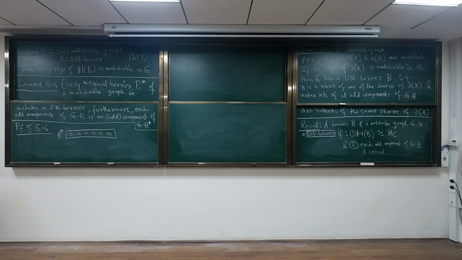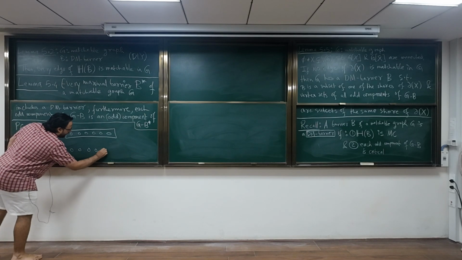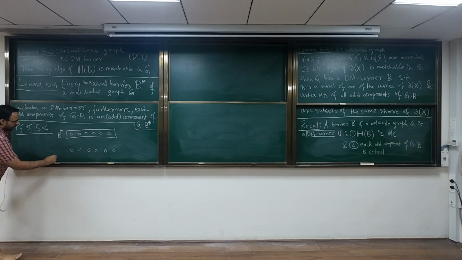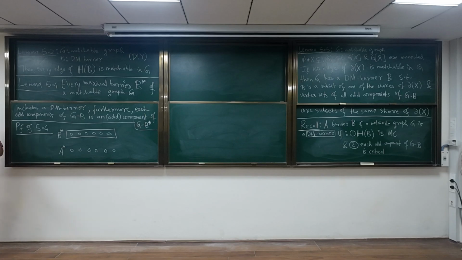Of course, I can draw the odd components, even components, etc. But instead of that, I will just draw the core. That just means for every odd component, we get a single vertex. And we'll call this set naturally A star. This is a set of vertices of the other color class, and each of them corresponds to an odd component of G minus B star. So this is the core.